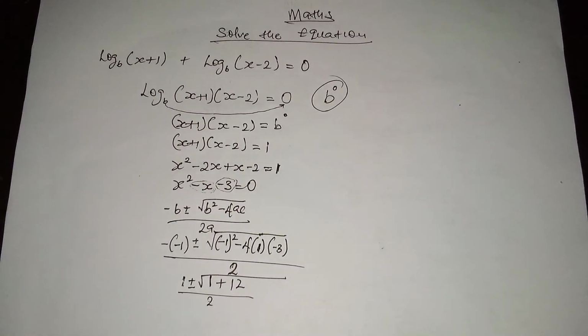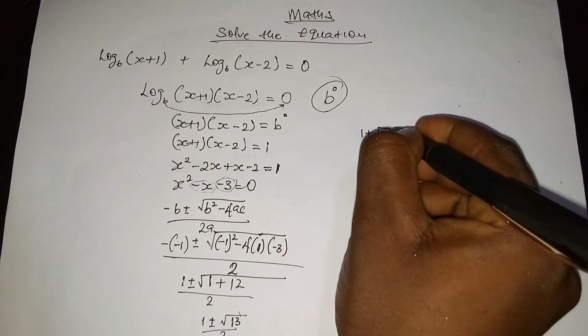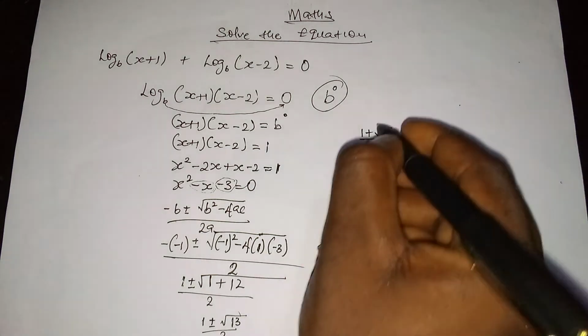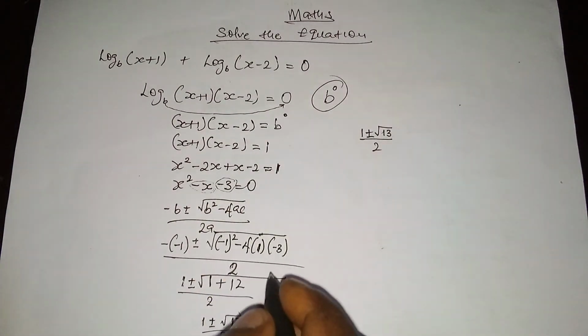So at the end, 1 plus 12 is 13, so I have 1 plus or minus square root of 13, all divided by 2. I'm bringing this to this side, so I have 1 plus or minus root 13 all divided by 2.